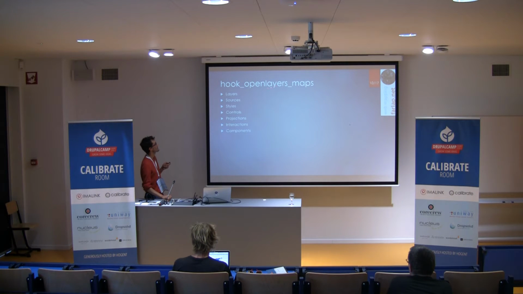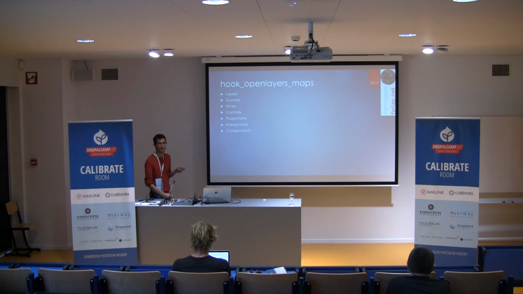It's the hook open layers maps, and a map is also an object having a lot of properties. For example, what layers do we have in this map? What sources do we have in this map? The source is the place where you get the layer data from. For example, it can be Google, or it can be our GeoServer. Those are the sources.